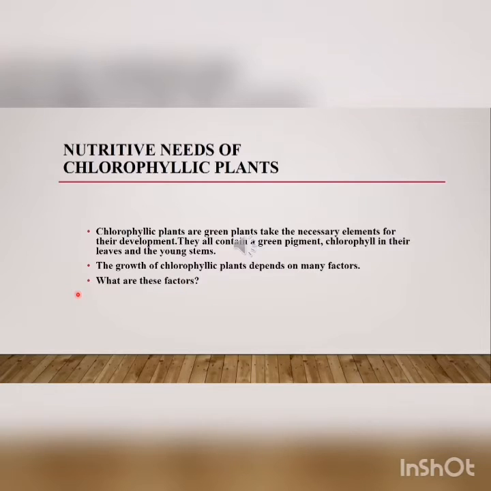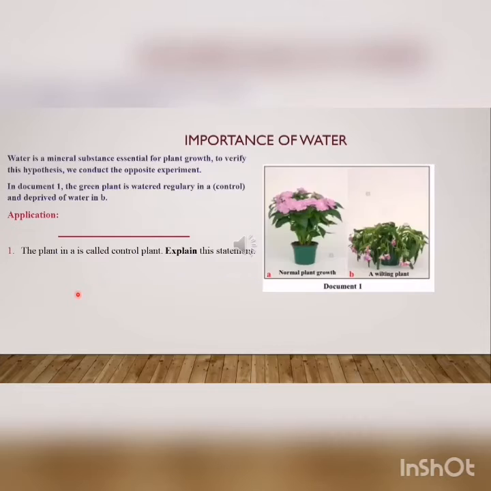Okay, by making some experiments, by explaining some experiments. Importance of water. First, water is a mineral substance essential for plant growth. To verify this hypothesis, we conduct the opposite experiment.